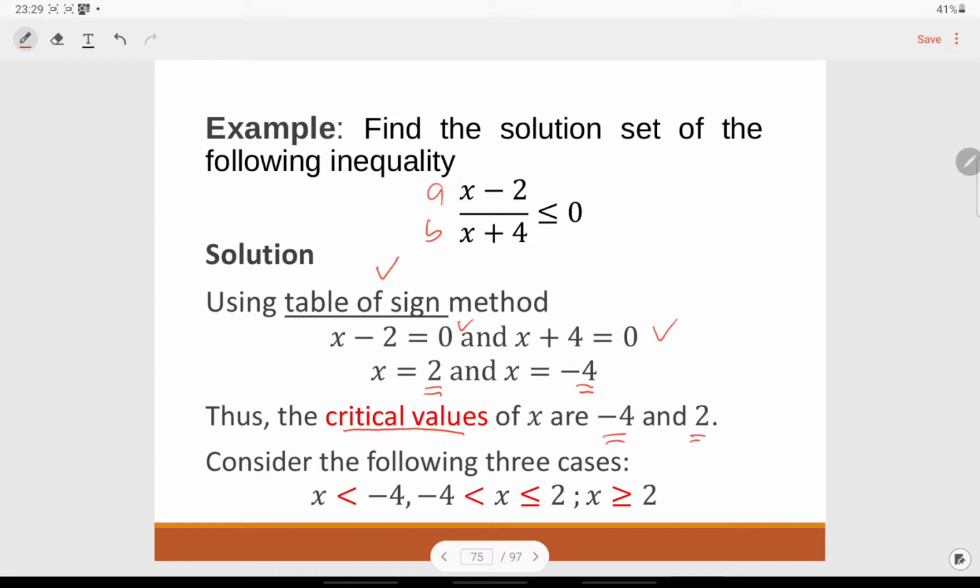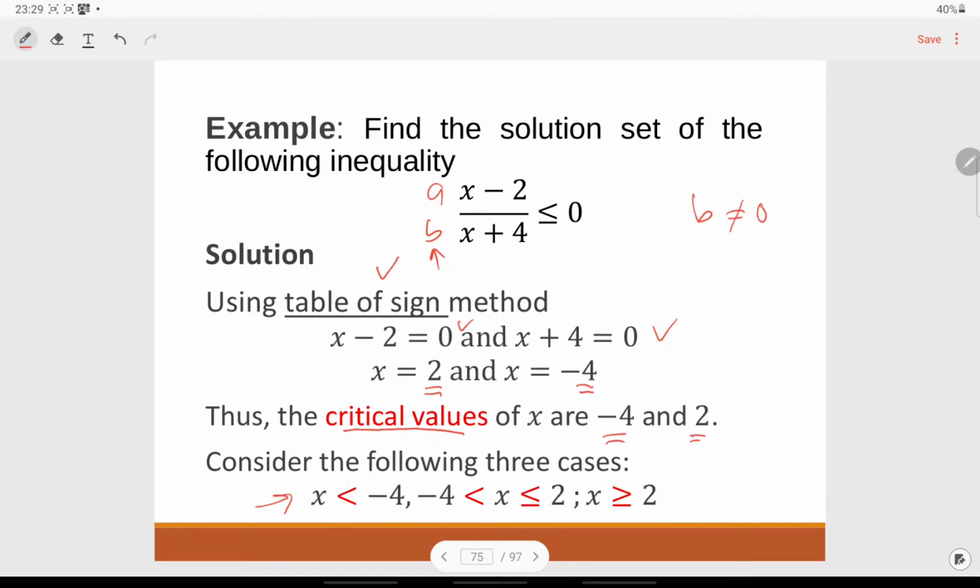Okay, so again, we consider 3 different cases because -4 is smaller than 2. So we consider the first case as X is less than -4. Remember, because -4 is assigned as B, we need to make sure B is not equal to 0.